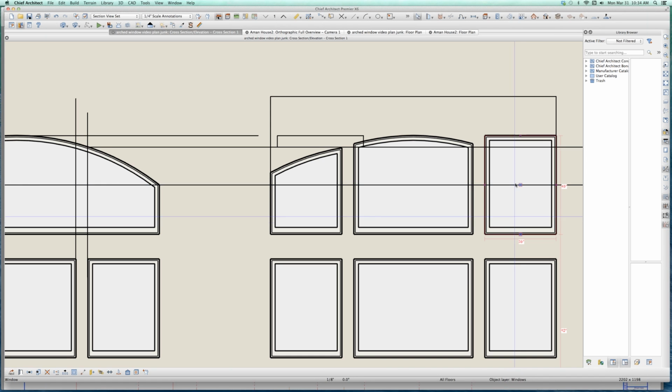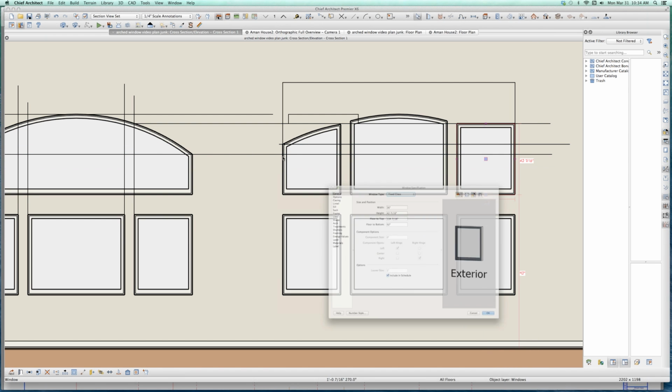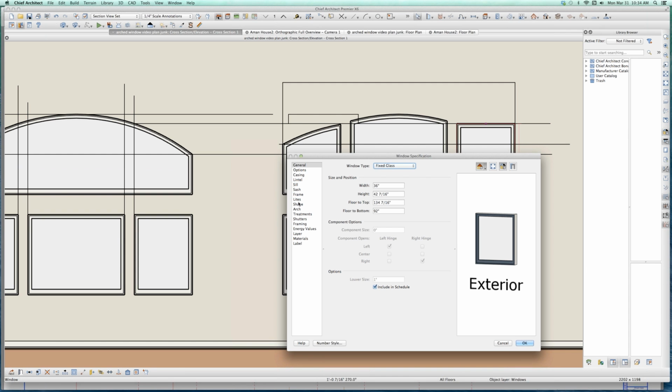And the key is being able to control the height. I know I want the height of that window to be there, and I want the height to drop down. Run that line across there, a distance of, say, 1 foot. And I want to change this to an arch. It needs to be a double arch.